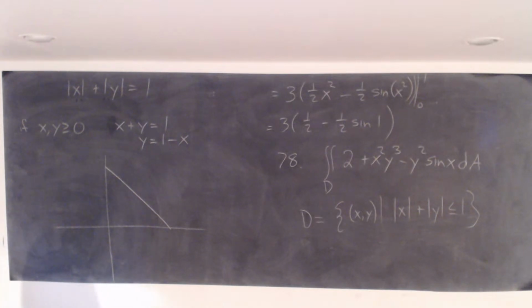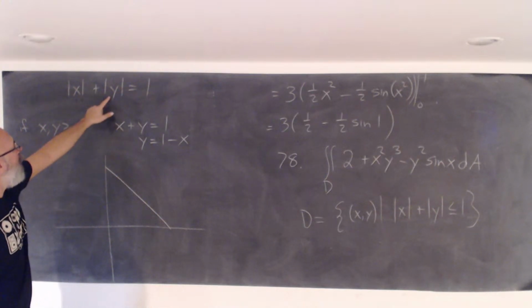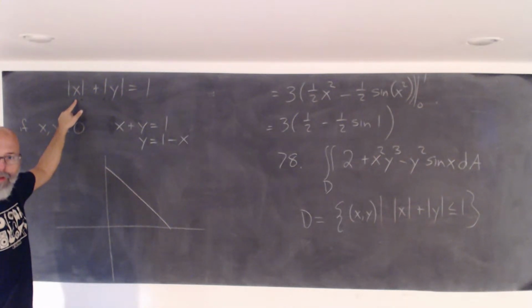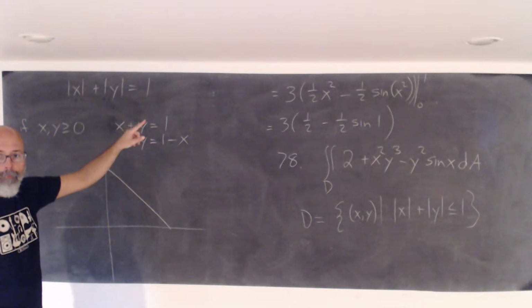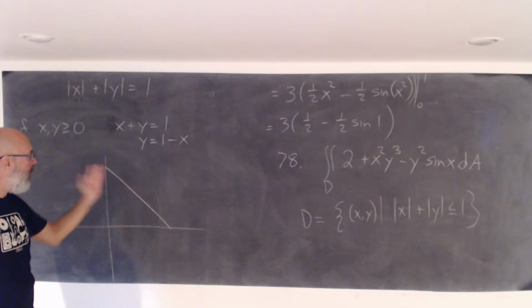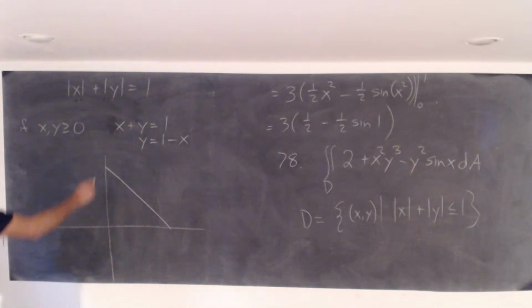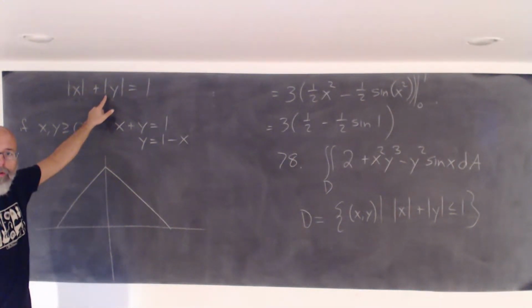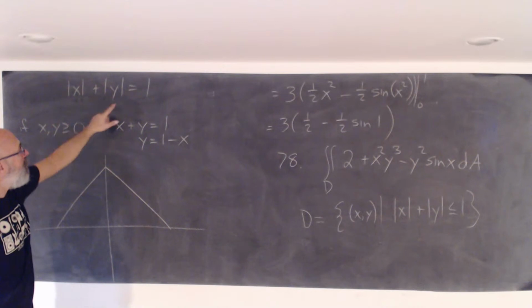But let's be even smarter and say, notice that this is even in terms of x. If you plug in a negative x value, it's the same, which means there's going to be symmetry about the y-axis. And it's also even for y. If you plug in a negative value of y, it's the same thing.